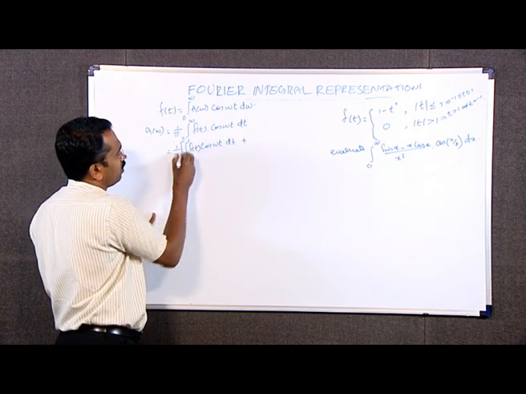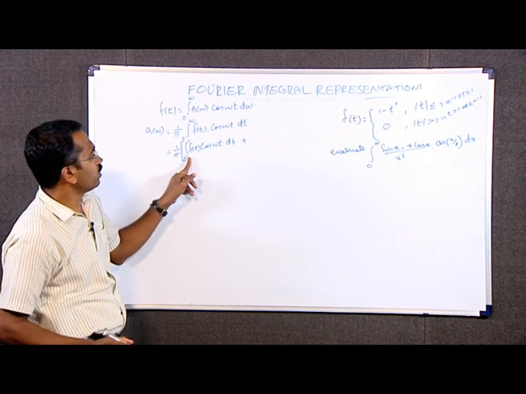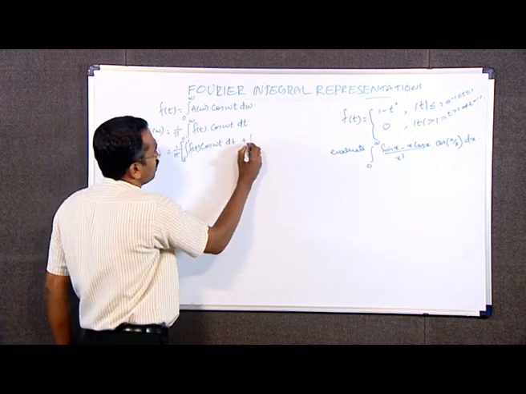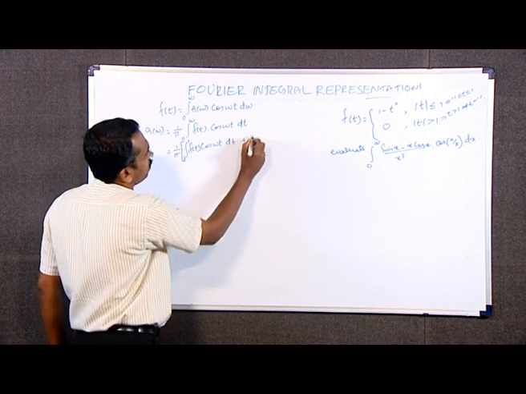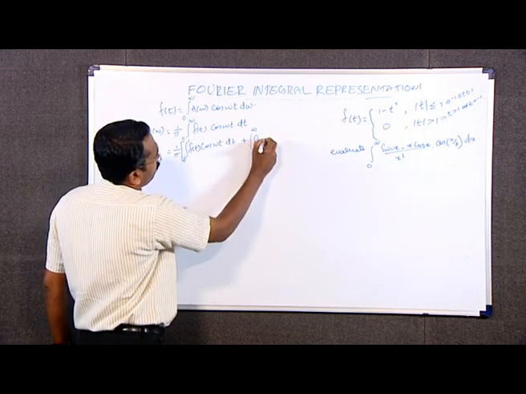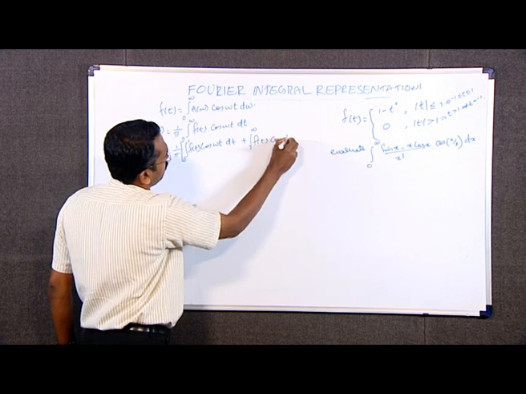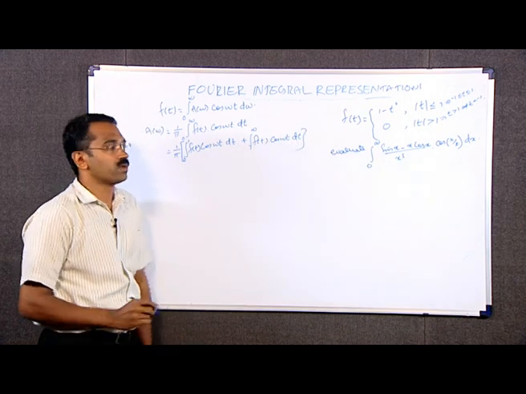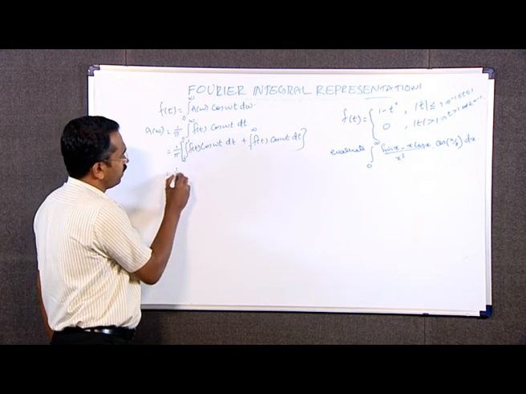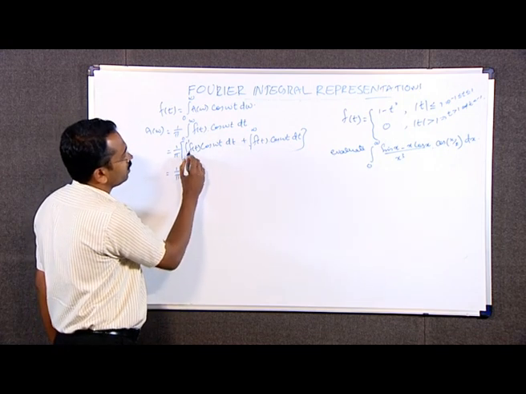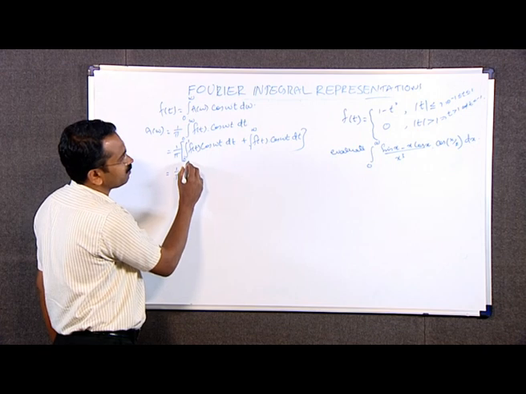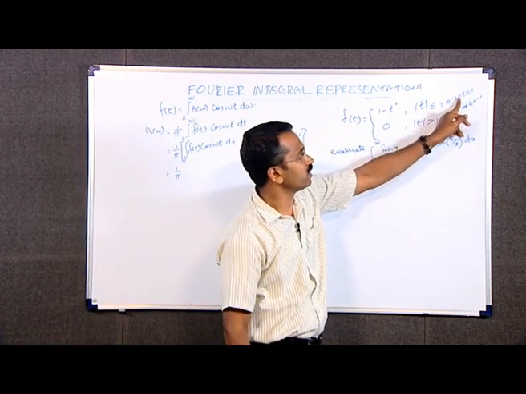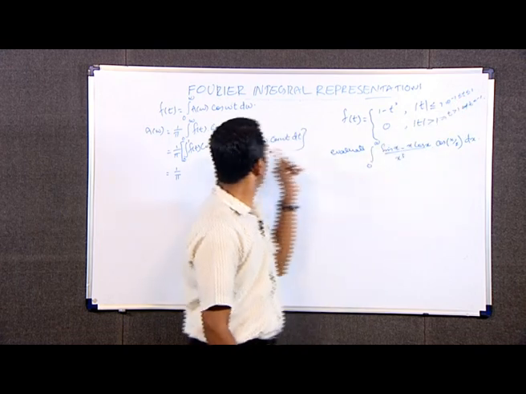This 1 by pi is common into integral from 0 to 1 f of t into cos omega t dt plus integral from 1 to infinity f of t into cos omega t dt. That is equal to 1 by pi into, here the function is defined as 0 to 1 means t is in between minus 1 and 1.